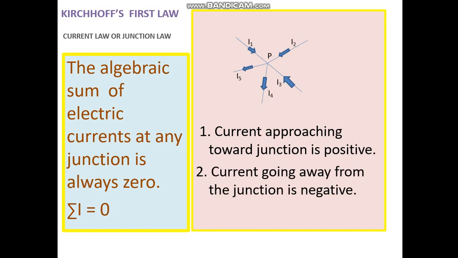Current going away from the junction is negative. Therefore, we can write the equation as I1 plus I2 plus I3 minus I4 minus I5 is equal to 0.